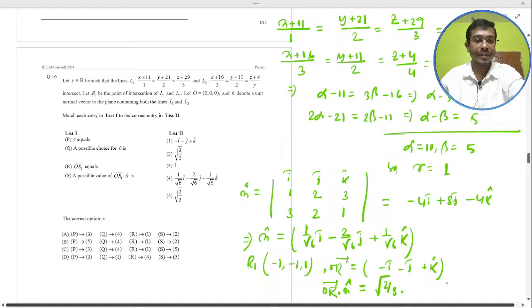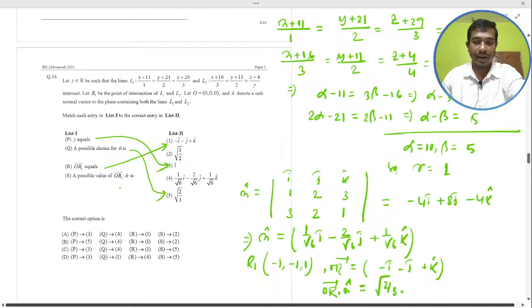Now check the option. Gamma equal to 1. A possible choice for n is 2 by root 3. OR equal to minus i minus j plus k.